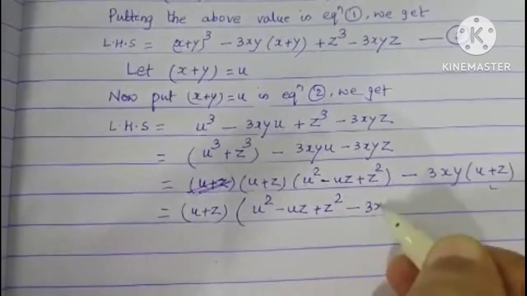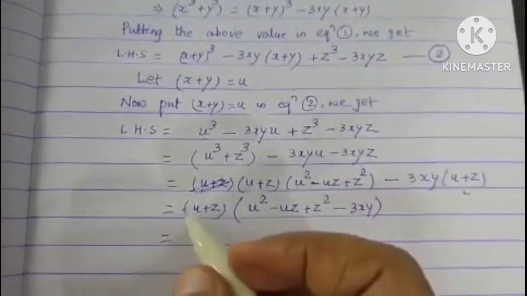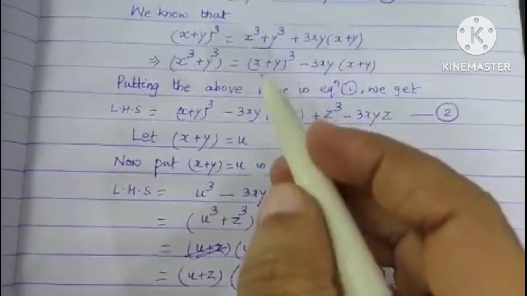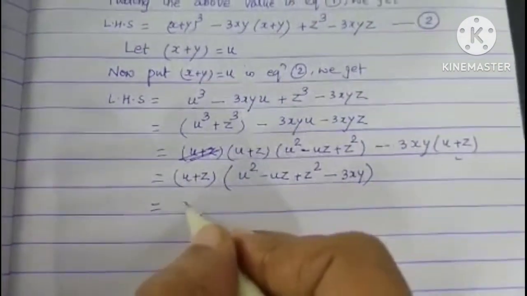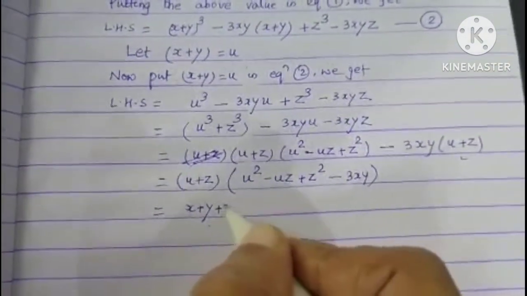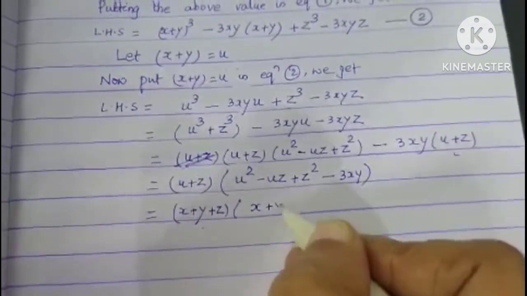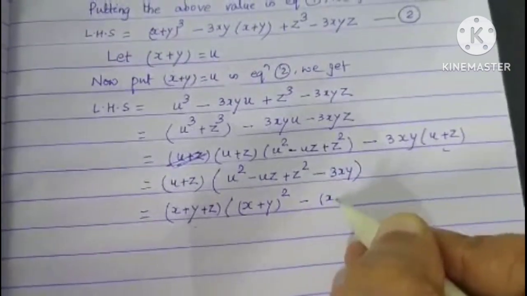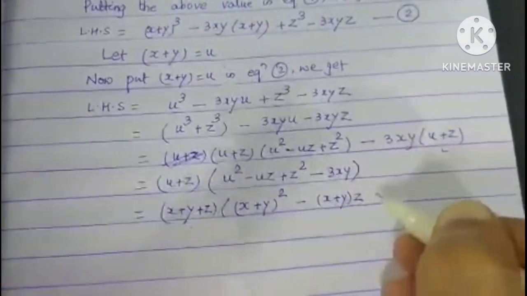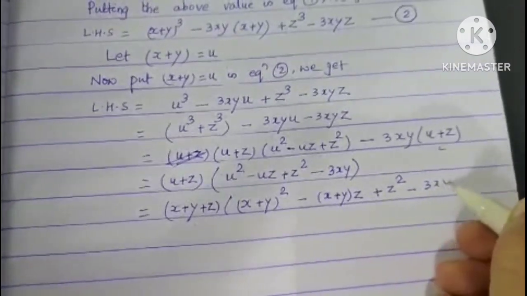Now let us put the value of u. We have supposed u is equal to x plus y, so u plus z becomes x plus y plus z. Here it will become x plus y whole square minus x plus y into z plus z square minus 3xy.